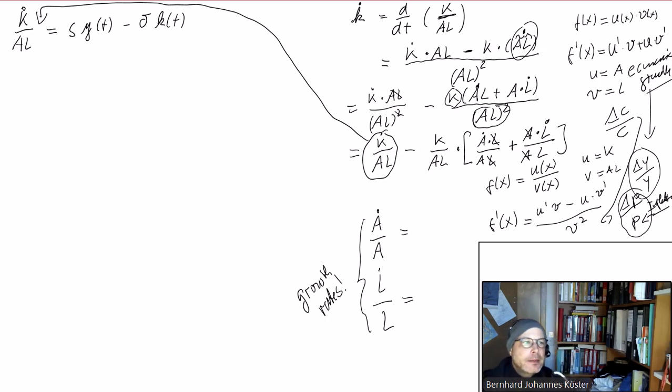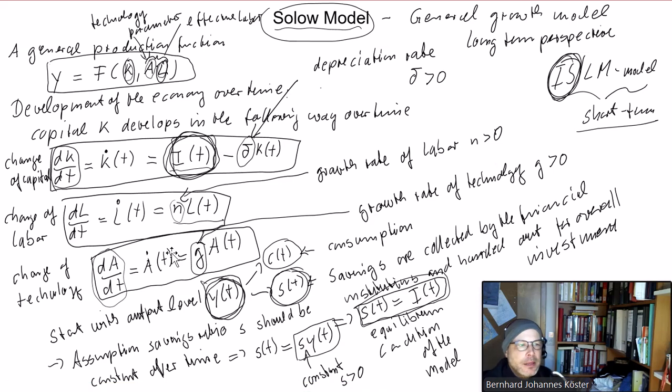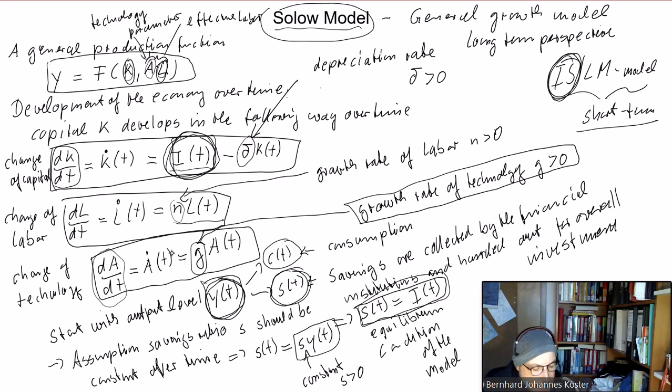Well, and we made a simple assumption about these growth rates. If you look at here, constant growth rate of technology in our country and constant growth rate of population.